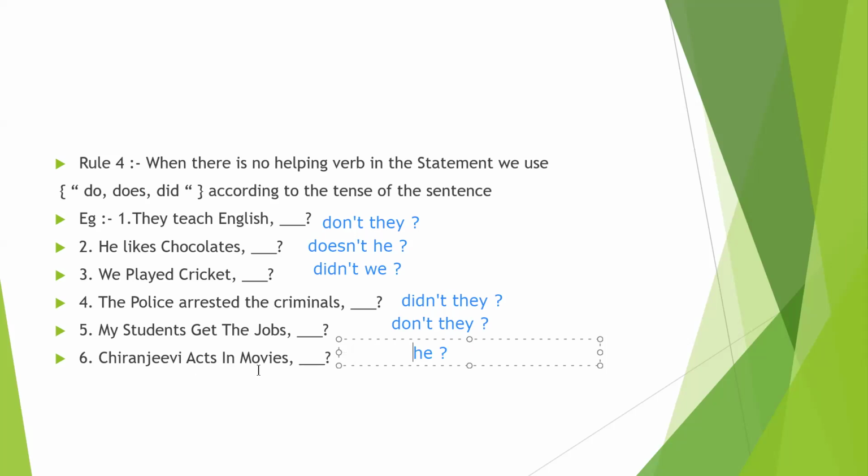Here the statement is positive, so we write the negative question tag. Is there any helping word? There is no helping word. Now let's see the main verb, acts. Acts means verb plus s or es, so we use does. And negative means doesn't he.